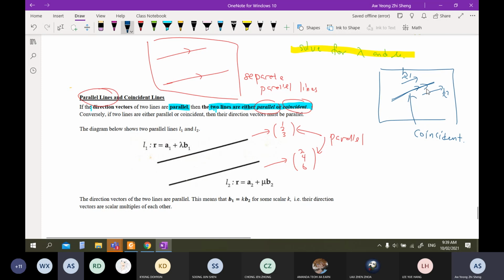The idea is direction vectors are parallel, not necessarily the same. So you can have like 1, 2, 3, and 2, 4, 6, because even if it's the same line, a same line can have different direction vectors as well. Direction vectors are always replaceable by any other vectors parallel to it.